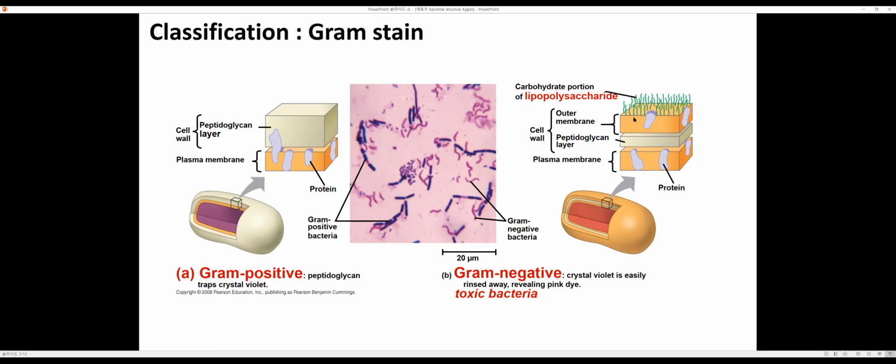But if it's attached to the membrane structure, it can be easily washed out by the ethanol treatment. So now we know that the crystal violet binding site is this peptidoglycan layer, not the membrane layer. The reason the gram-positive bacteria is strongly stained is that the dye directly binds to this and is difficult to wash out.